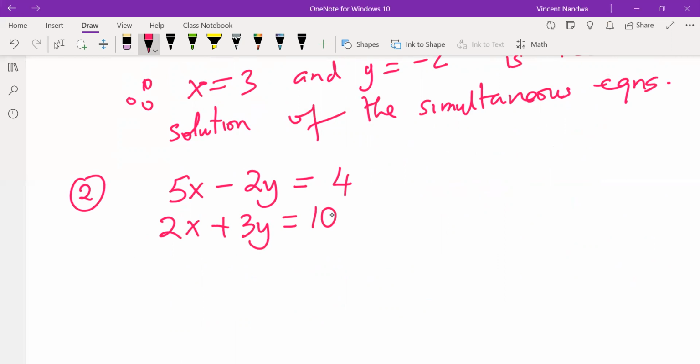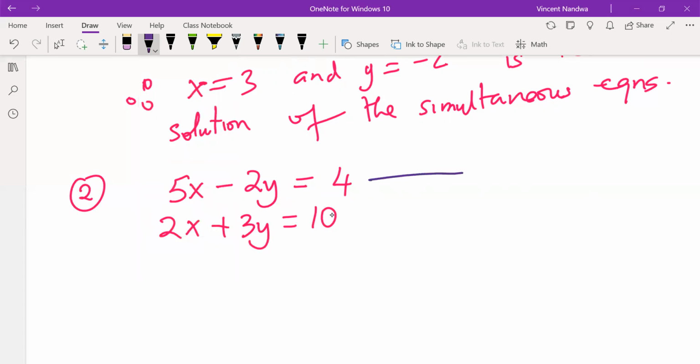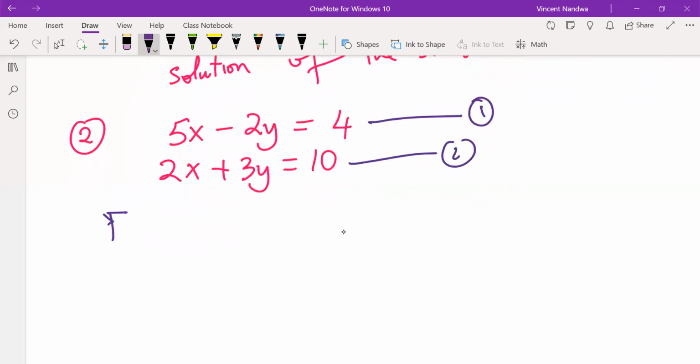So let's pick any of the equations and make one variable the subject of the formula. If I call this one equation 1 and this one equation 2, then remember you are free to pick any of the equations.